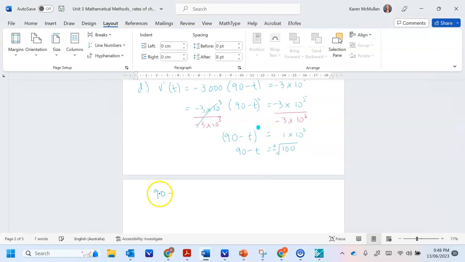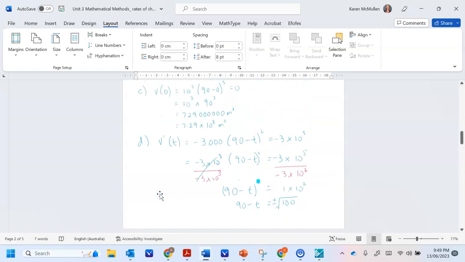So 90 minus t equals positive 10, and 90 minus t equals -10. So t is equal to 80, or t is equal to 100.